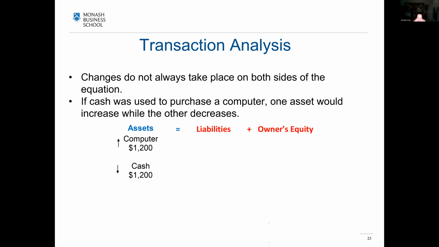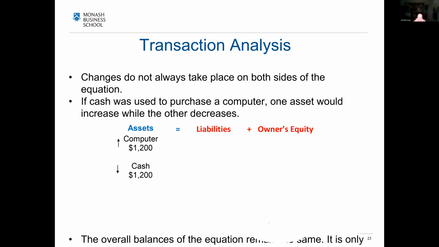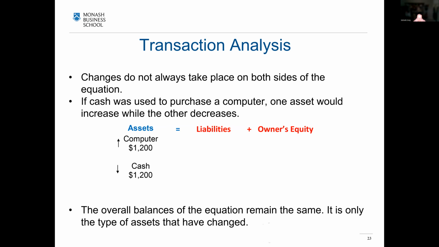If you look at this accounting equation, as you can see on the screen, both changes, increasing computer and decreasing cash, happen on the same side, which is the left-hand side. One account increases, another account decreases. So the net effect here is our accounting equation remains balanced. There is no change in our liability. There is no change in owner's equity.